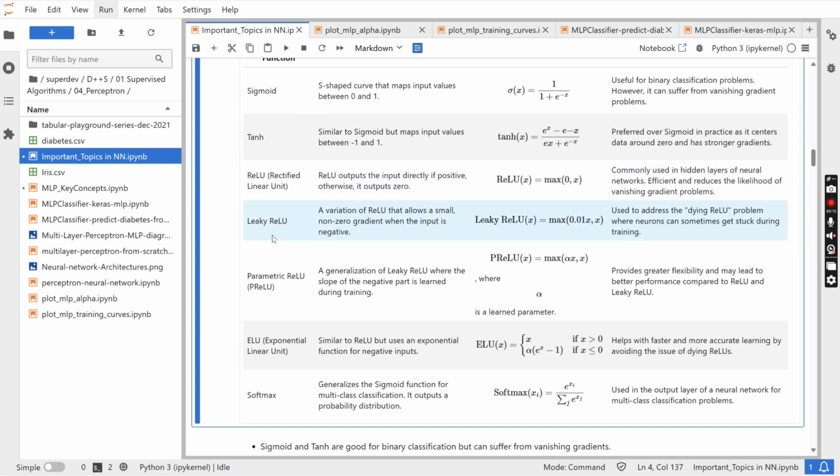Next, there is a slight variation of ReLU also. We call it leaky ReLU. Now what happens is, we don't want the gradients to completely disappear. Each time I say gradient, you have to think of weights, m values, slopes. Those are gradients.